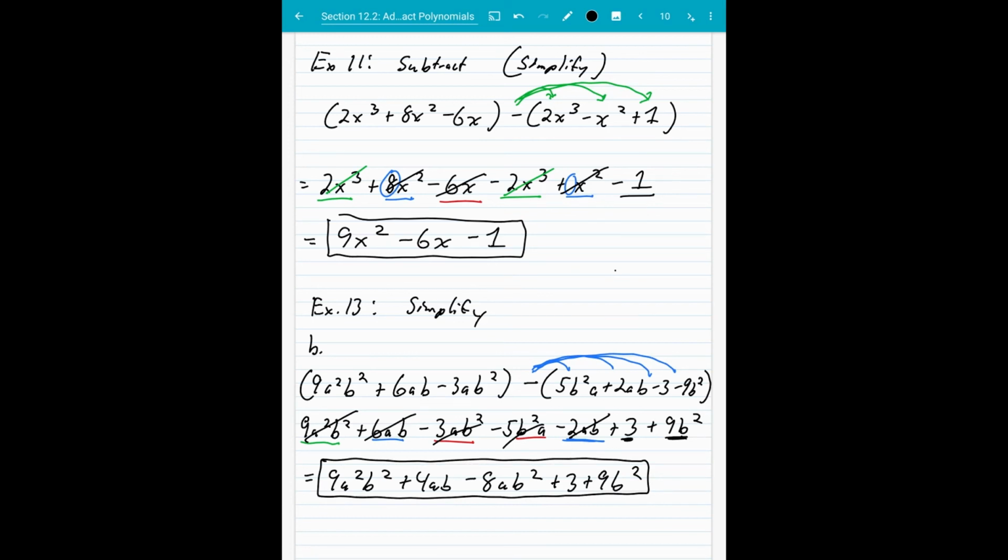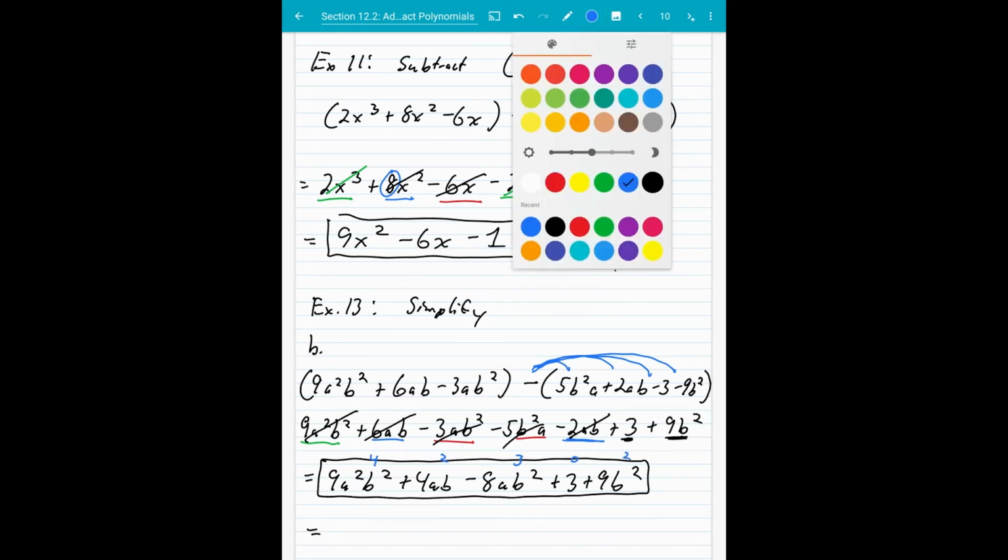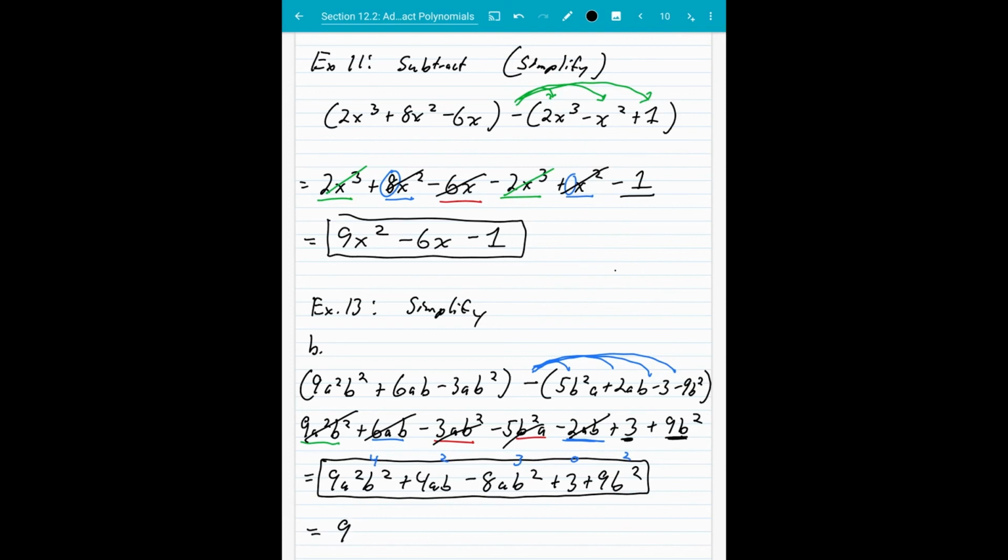Sometimes we'll make it a little nicer by putting it in descending degree order. If we go back to naming the degrees, this would be a 4, this would be a 2, this would be a 3, this would be 0, and this would be a 2. So in descending degrees: 9a squared b squared minus 8ab squared plus 4ab plus 9b squared plus 3.